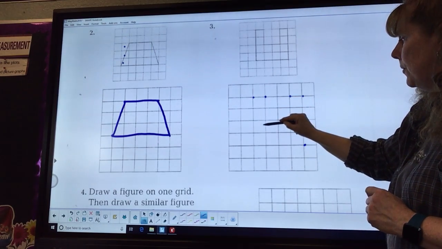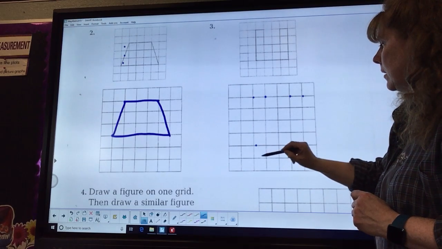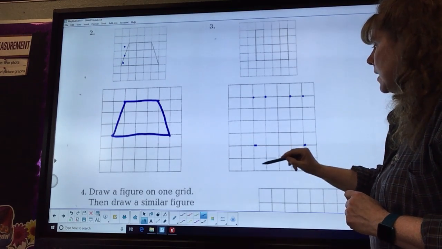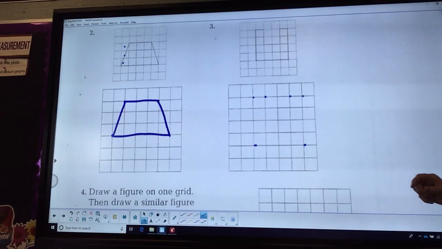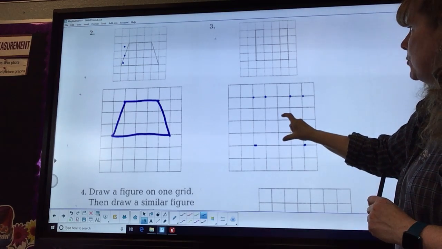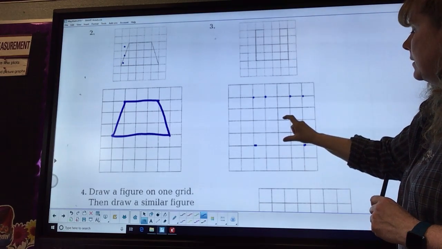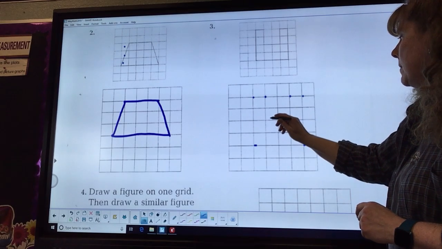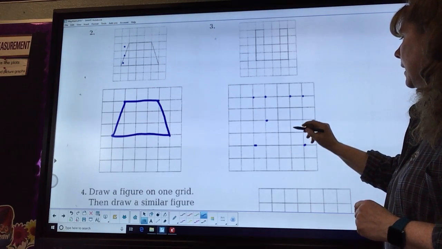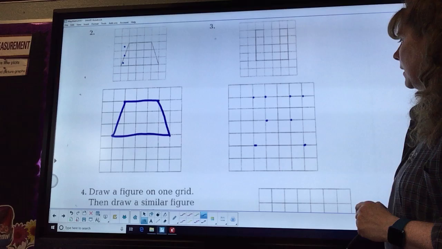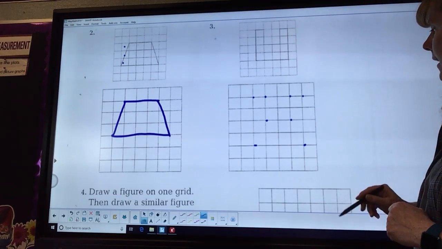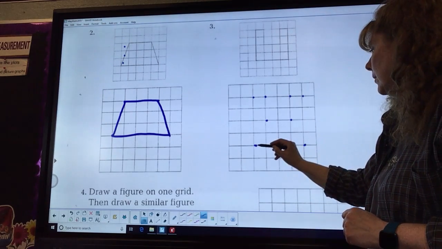1, 2, 3, 4. Okay, oops. Board's not quite matched up. Okay. And then I see that this part in between is 2 squares high. So I'm going to put a dot here, and I'm going to put a dot here. Then you just go ahead and connect using your ruler.